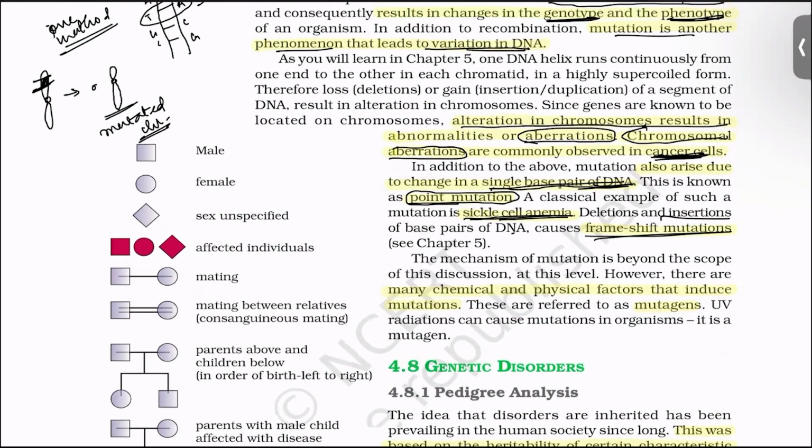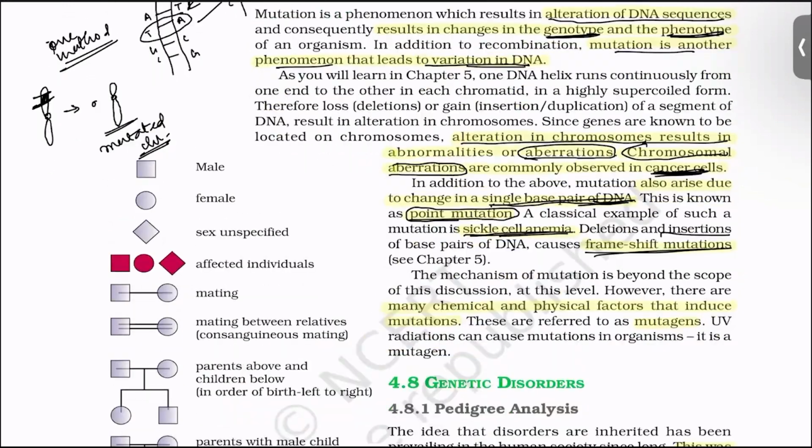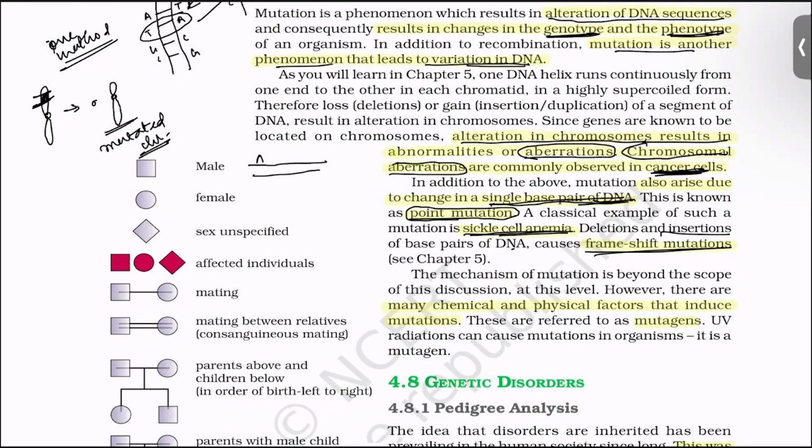DNA. So what is a frameshift mutation? For example, this is a DNA, and this was the sequence ACG, and this whole thing is a frame. Okay, now for example, this base pair gets deleted, and the new DNA would be like this: G, C, C, G, and there were multiple sequences like this, so the sequence will continue.